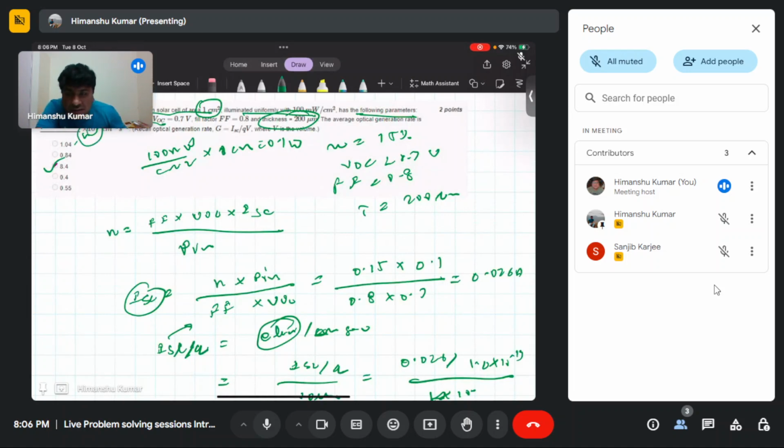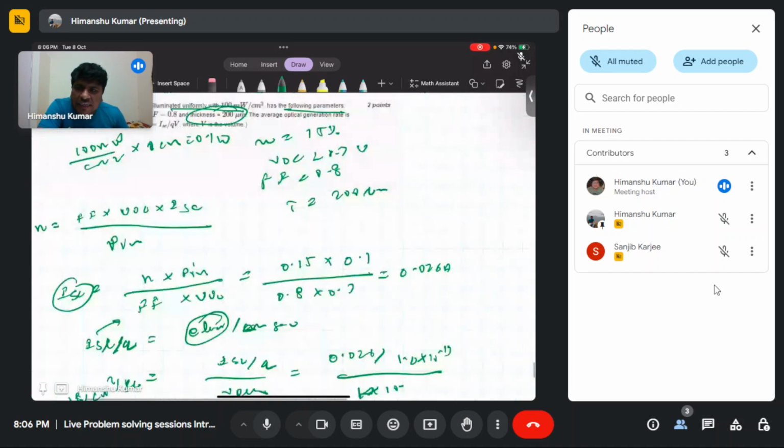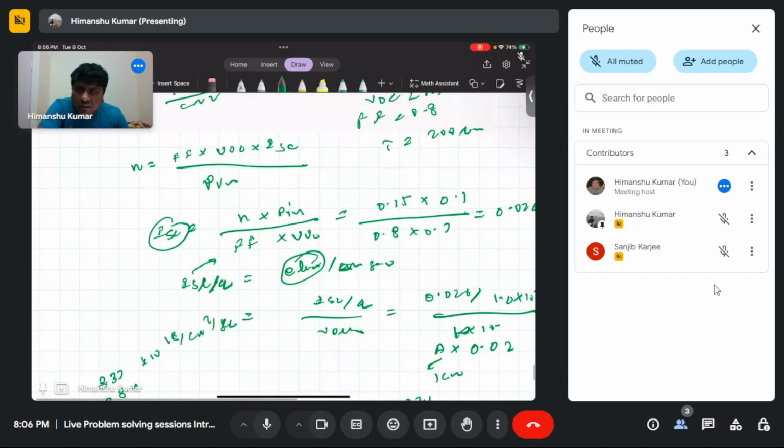You need to find the multiplication factors in terms of powers of 10. So this figure 8.37 you can approximate to 8.4, depending on the option, into 10 power 18 per centimeter cube per second. Does that answer your question? Did I get your question correctly?